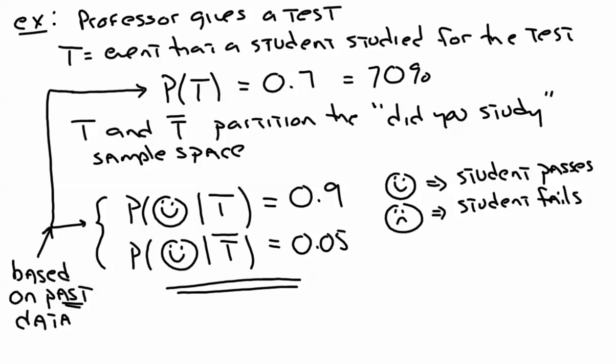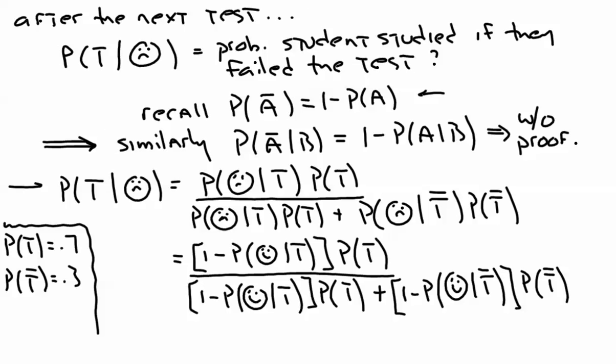The probability that a student passes the test given that they study, and the probability a student passes the test given that they do not study. Plug all of that into this relationship at the bottom of the page and do the calculations, and we get 0.197. That's about 20%.